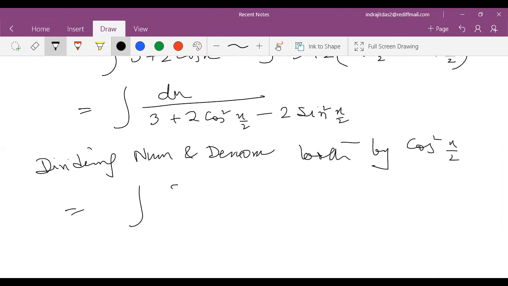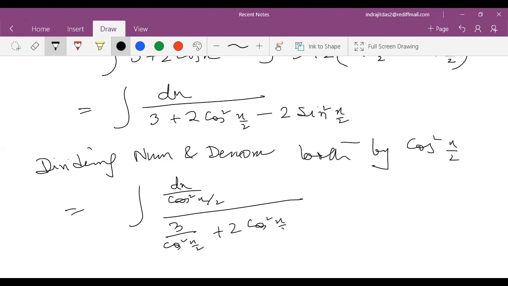So it will be dx by cos square x by 2 in the numerator, whole by 3 by cos square x by 2 plus 2 cos square x by 2 by cos square x by 2, which will be cancelled, minus 2 sin square x by 2 by cos square x by 2.